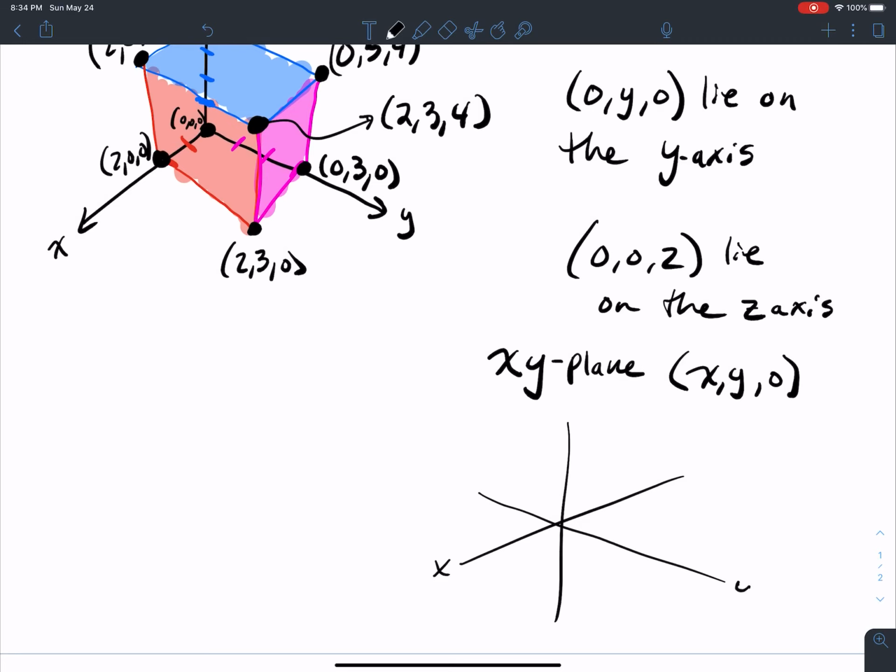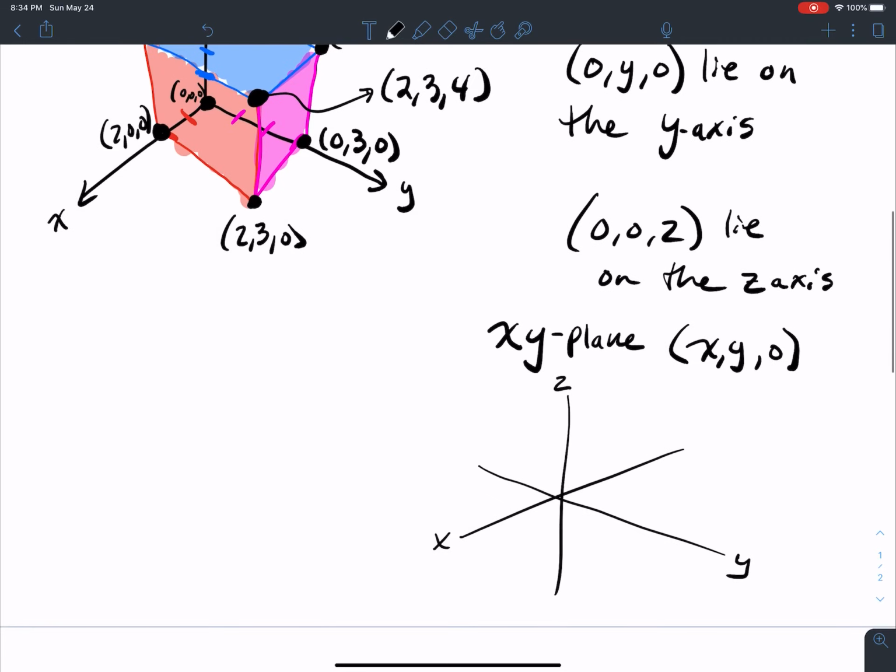If this is x, this is y, this is z, then points on this plane would be kind of like this. This would be the scenario where z is equal to 0.